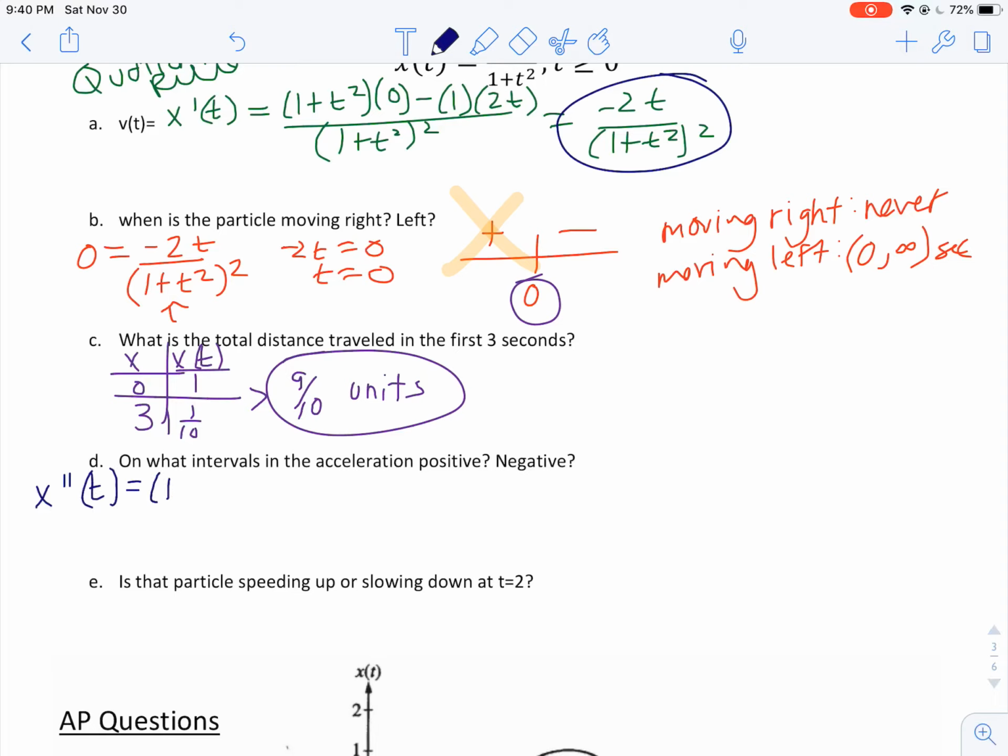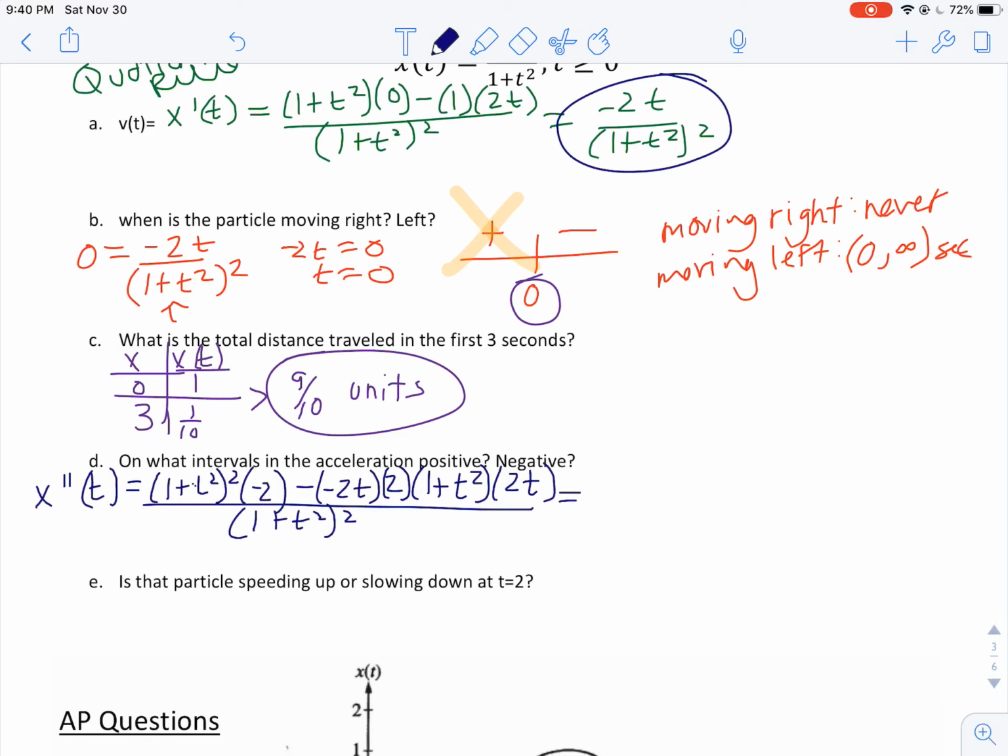And that's going to be low d high minus high d low. That's a little chain rule there. So I got to multiply it by the derivative of that inner function there. And square the bottom, and away we go.